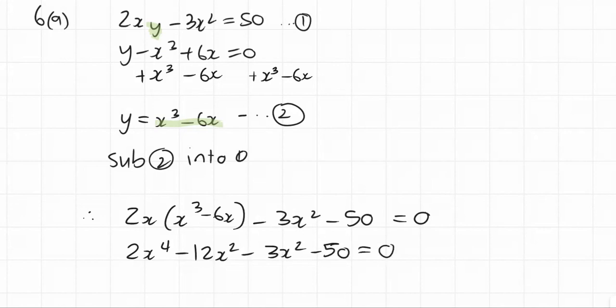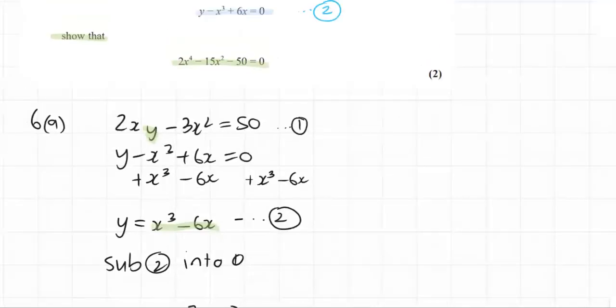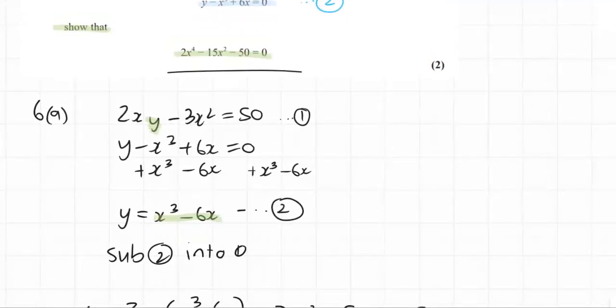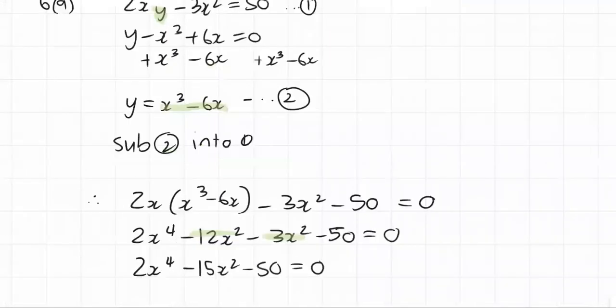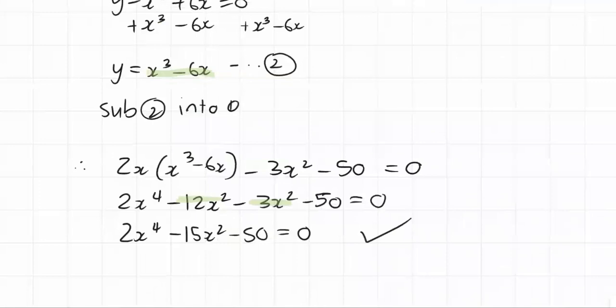And we have some like terms, x squared terms. 2x4 minus 12 minus 3 is minus 15x squared minus 50 is equal to 0. And if I go back and check, that is correct. That is what they were looking for. So that's part A.